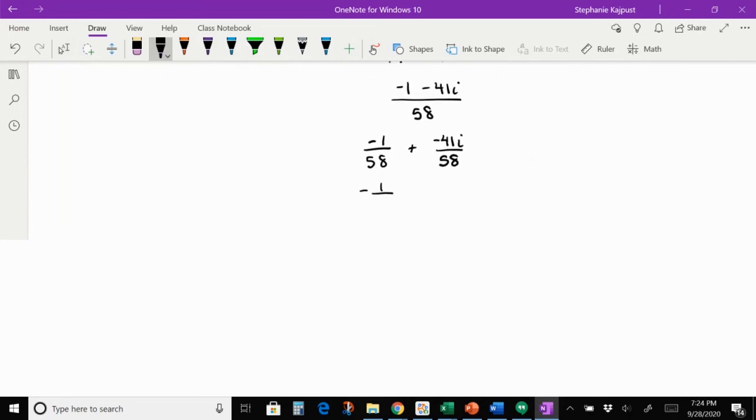I don't think 41 is prime, so this definitely doesn't simplify. So I'm going to just rewrite this. Now I made up this problem, so that's why I got kind of gross fractions here. But we usually want to rewrite it so that there are separate fractions so that it's in standard form for a complex number.